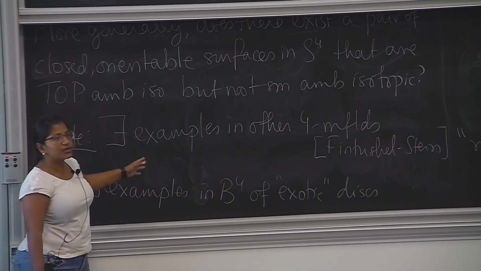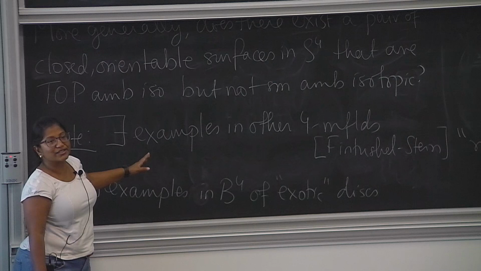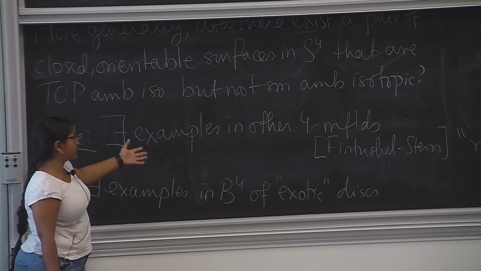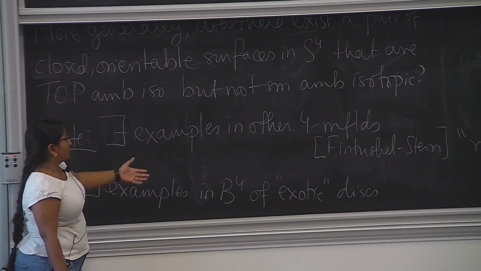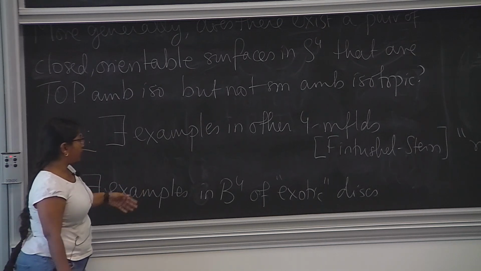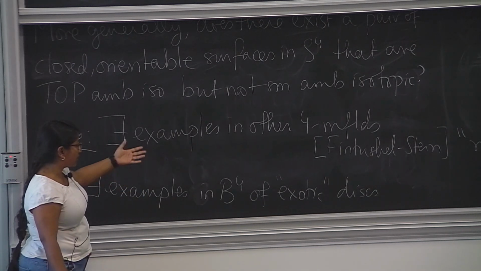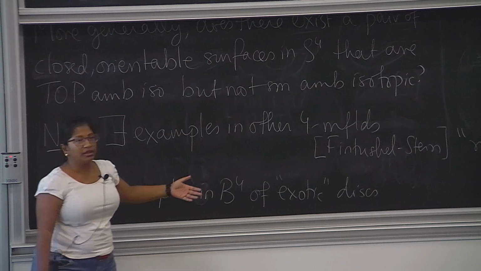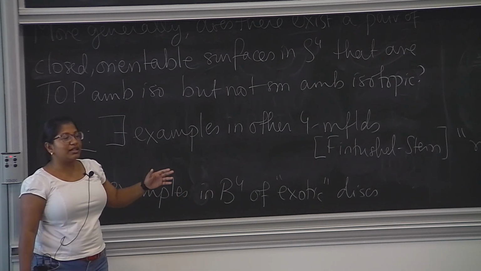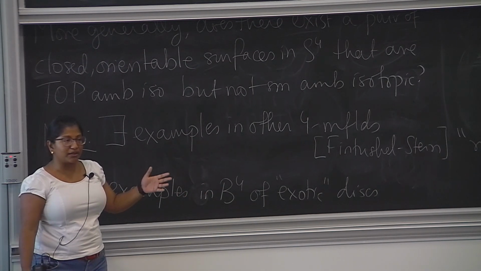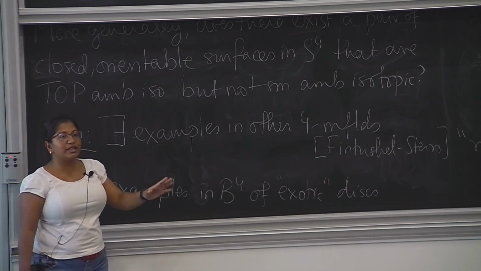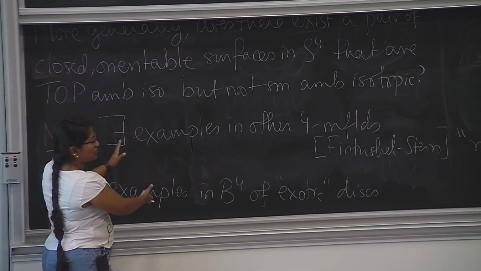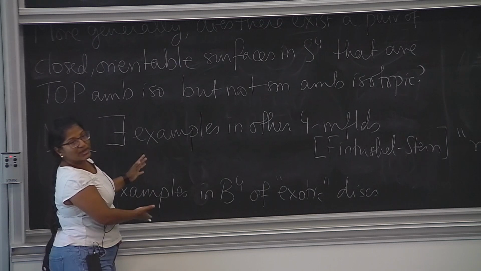There's a whole industry of people working on exotic surfaces inside of interesting four manifolds. For example, here you have work of Kyle Hayden using Khovanov homology. You have work of Juhász, Maggie Miller, and Ian Zemke using more Heegaard Floer things. All sorts of smooth things that you know of can be used to address these questions.